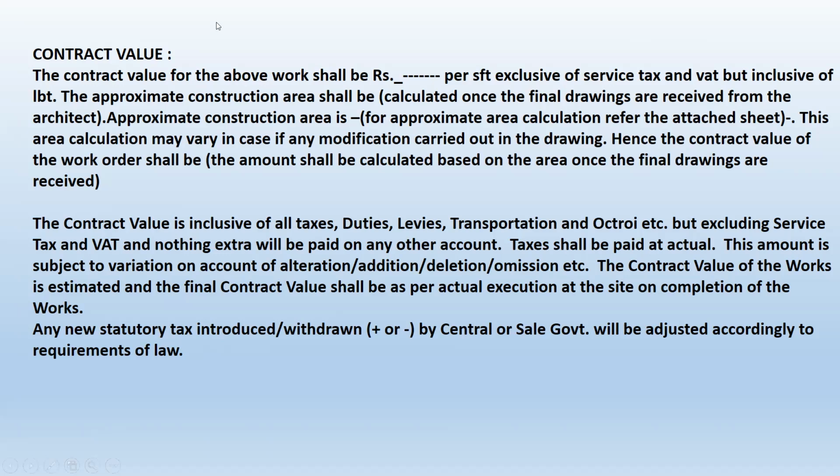Because whenever the contract was given, at that time there were only preliminary drawings. So you have to mention that the final measurement will be checked once the final drawing has been received. You have to identify whether the taxes are included in the contract or excluded. That has to be identified.